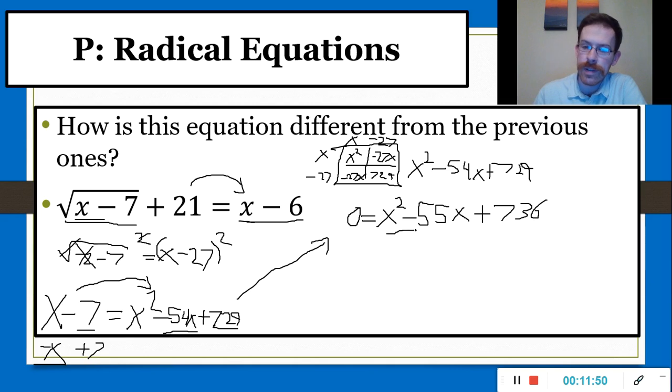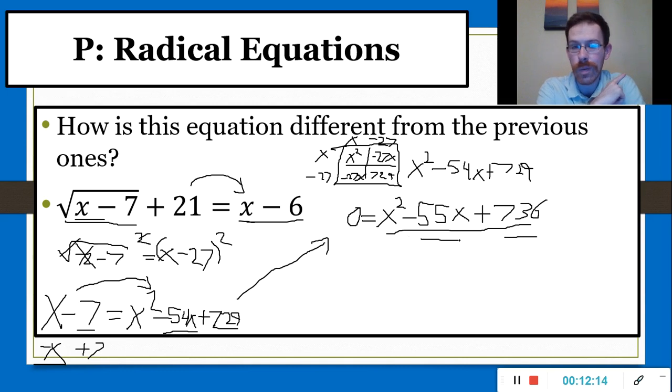Now at this stage, when you have x squared minus 55x plus 736, we've been doing this a lot today, but you've got two methods you can do. You can either factor it, see what two things multiply together to give you a 736 and add together to give you a negative 55. Or you can do the quadratic formula.